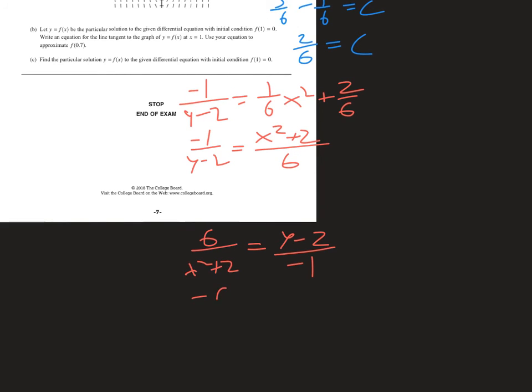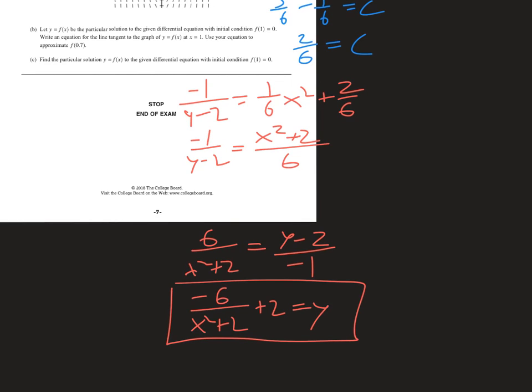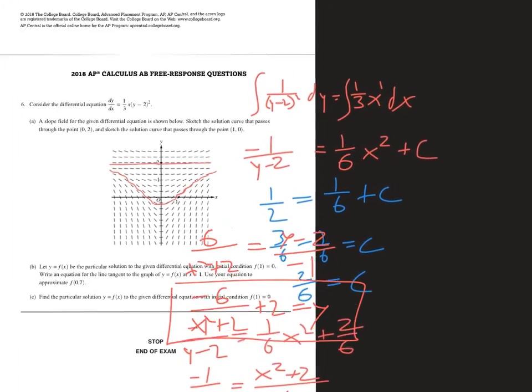So I'm going to make that negative 6 over x squared plus 2. And then let's go ahead and add the 2 at the same time here, equals y. And that is my equation.